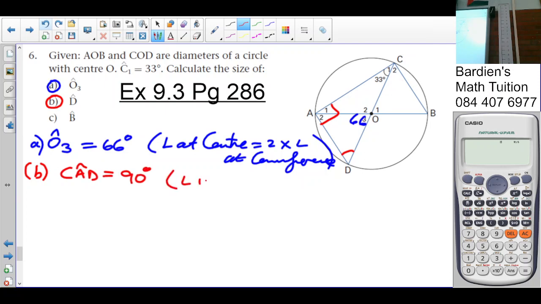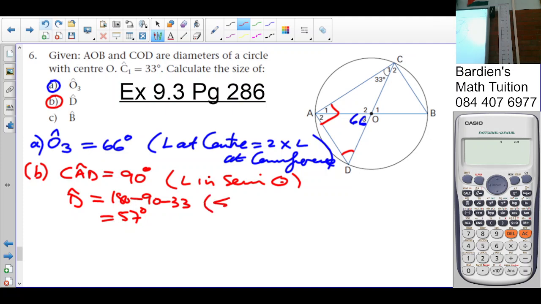Why? Angle in semicircle. Then angle D is equal to 180 minus 90 minus 33, which is 57. Why? The sum of angles of a triangle, and it's triangle CAD. So there's 57.